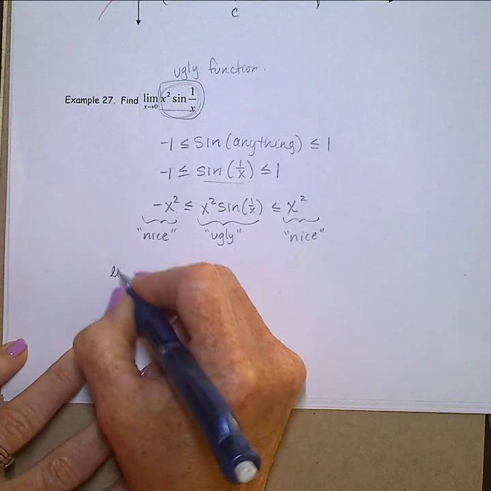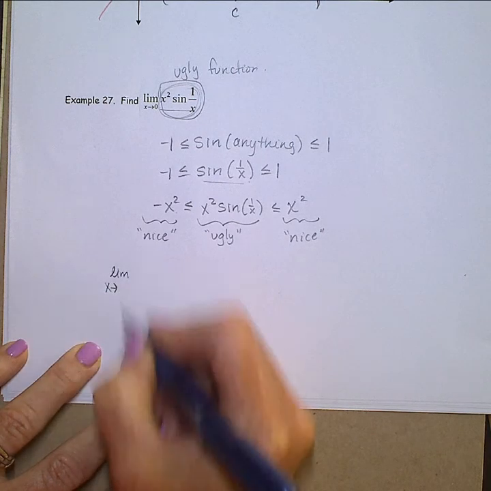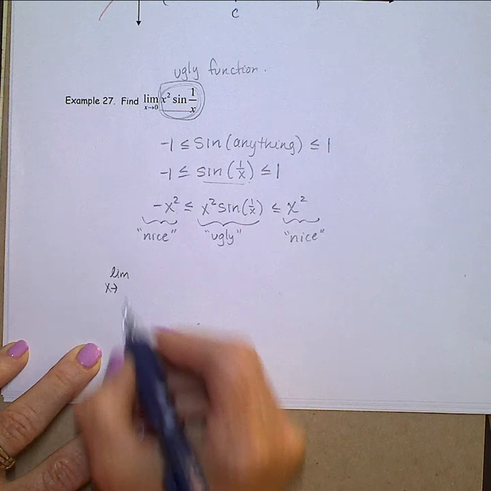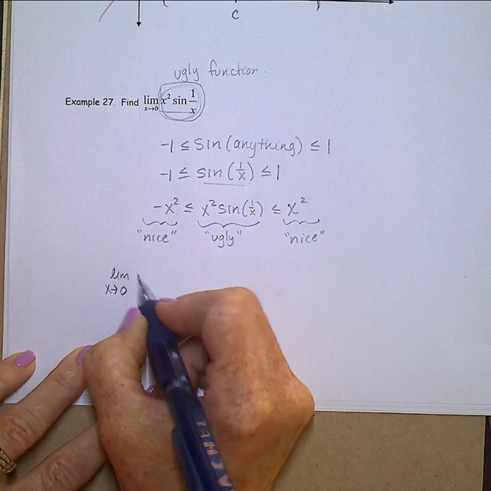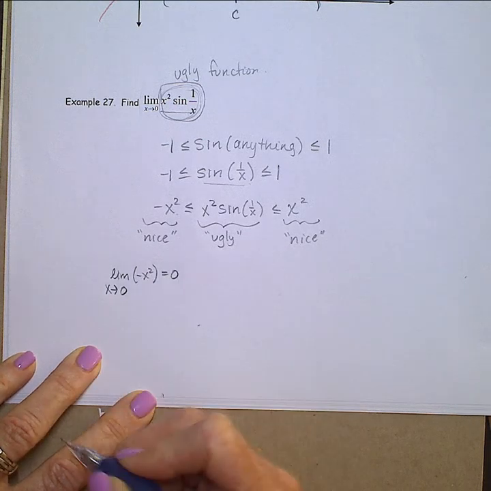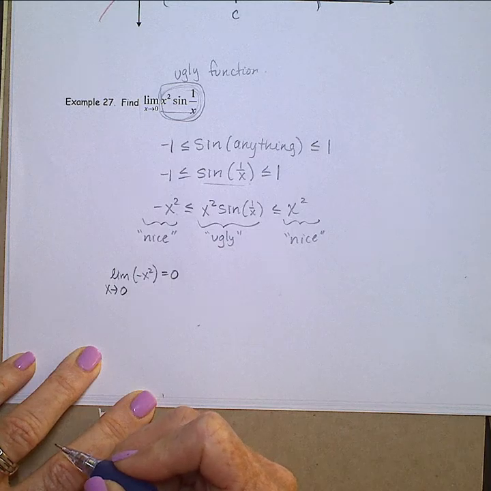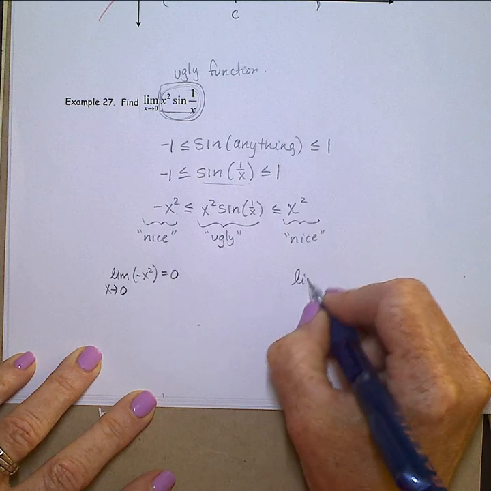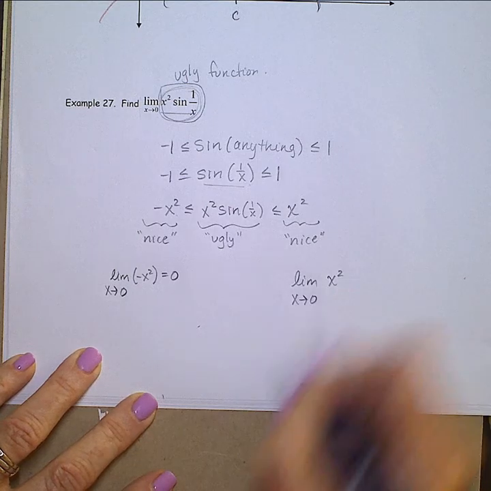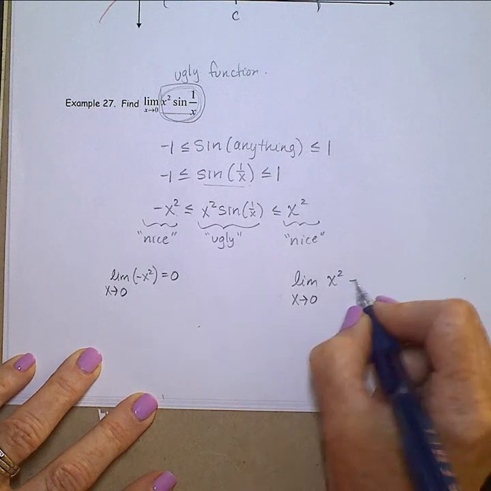The limit as x approaches, all right, look back at your original problem up here. We wanted to approach 0, so the limit as x approaches 0 of -x squared, that's 0. And the limit on this other nice one as x approaches 0 of x squared, that's also equal to 0.